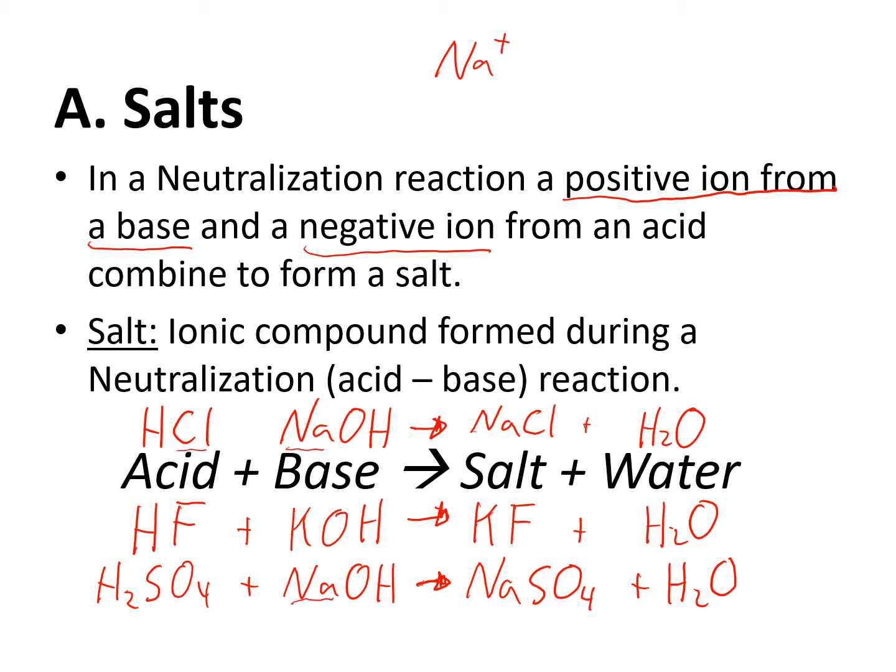If you look on the back of your periodic table, on the polyatomic ion sheet, SO4 is 2-. So when you swap and drop, it becomes Na2SO4. So I need to write a 2 right there. It's Na2SO4, and this is also a type of salt. So KF, NaCl, Na2SO4, those are all types of salts.